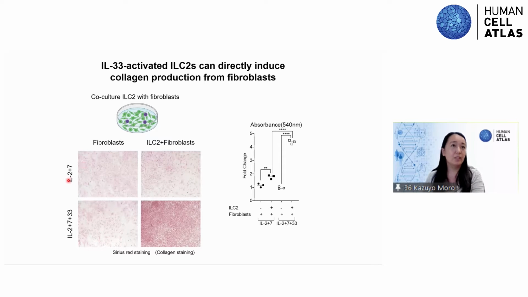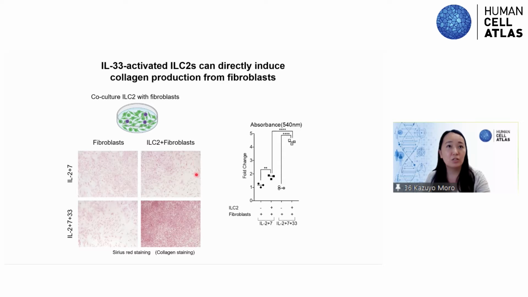And we finally co-cultured ILC2 with fibroblasts to check if ILC2 can directly induce collagen production from fibroblasts. So in the IL-2 plus 7 condition, ILC2 can maintain their survival, but cannot be activated.